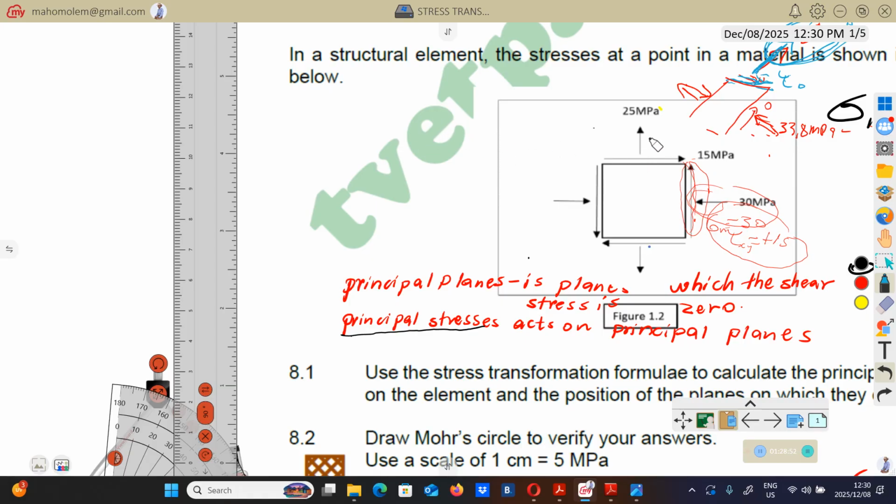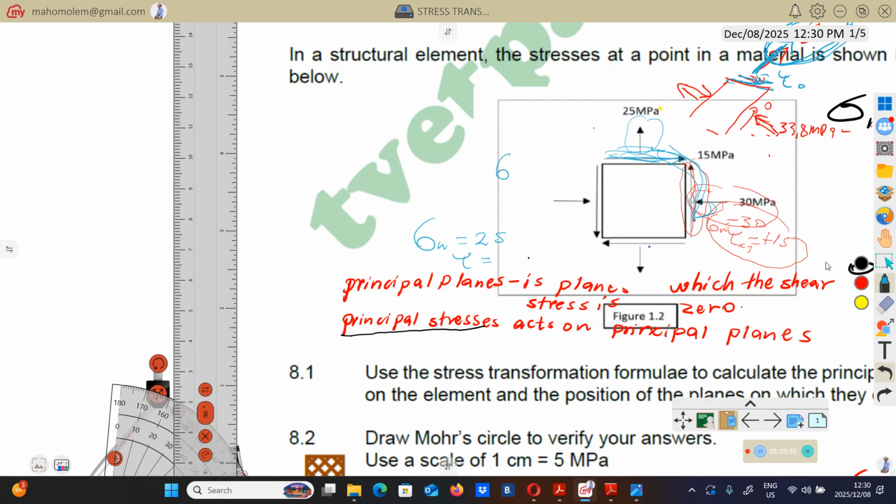You have the normal stress there, which is 25, tensile, positive. Then here's your shear stress, this black line. So it's going in that direction. When you move like this around this element, that is clockwise. Then we said that clockwise is negative.